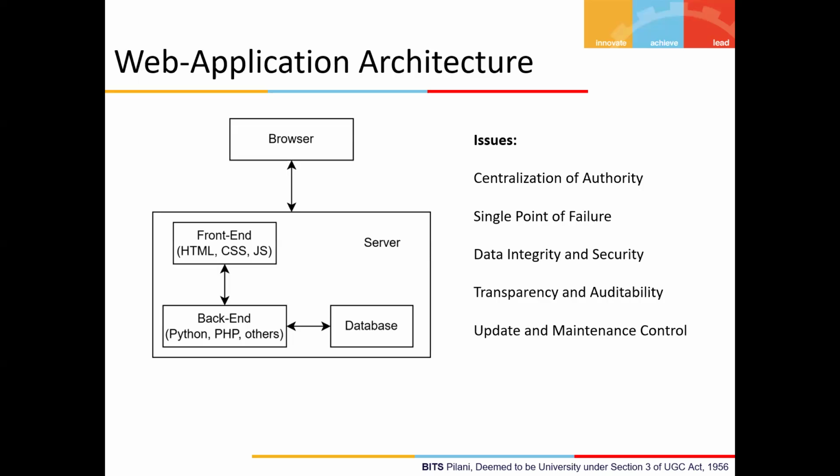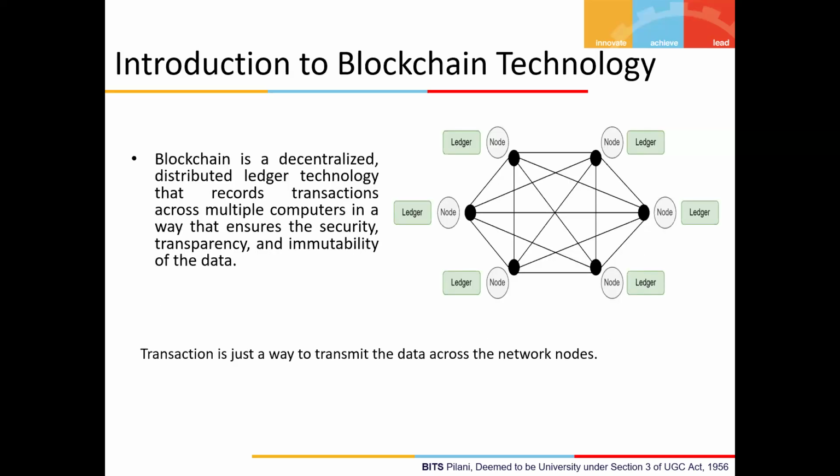We are not sure whether the authority is playing genuinely, or they may change the data, they may change the code, and there are several other things the central authority can do. And another point is there is no transparency and no auditability, and updating and maintenance cost and control is very difficult. So now we will see how blockchain works, what blockchain technology is.